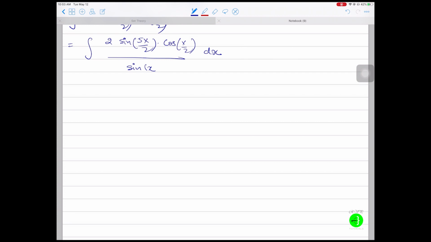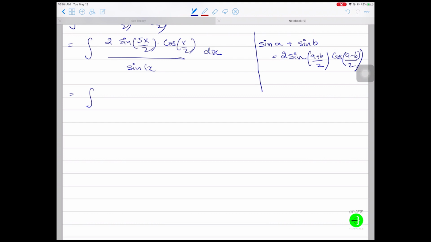Now looking at the numerator, we know that this is one of the sine a plus sine b kind of functions, and I'll again list this. So we know that sine a plus sine b equals 2 times sine of a plus b over 2 times cosine of a minus b over 2. And if we look closely at the numerator, then a and b for our equation will be 3x and 2x.